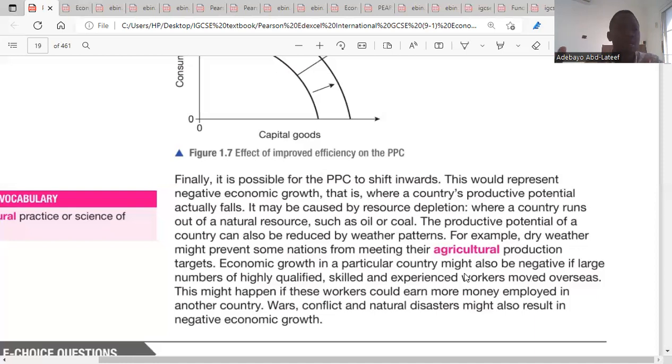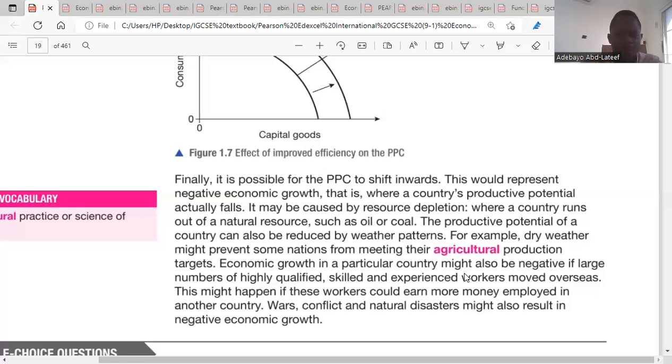Now, we talked about why an economy will be witnessing economic growth: if their workforce is educated and trained, if they have good weather conditions, if the country is politically stable, if there's technological advancement, and if new resources are found. So these are ways in which the PPC of an economy will shift outward.